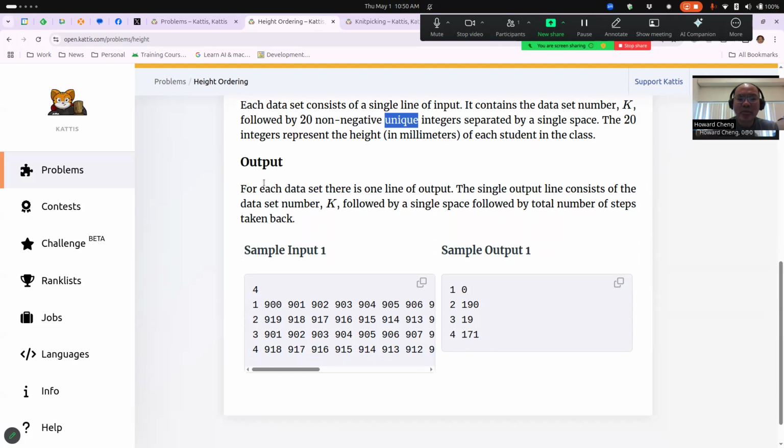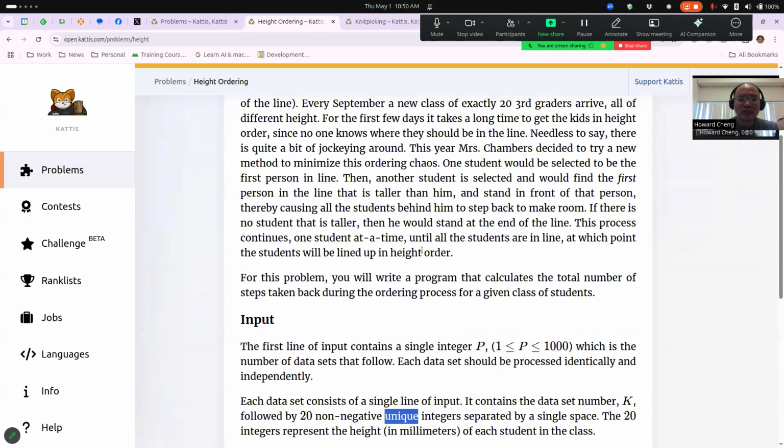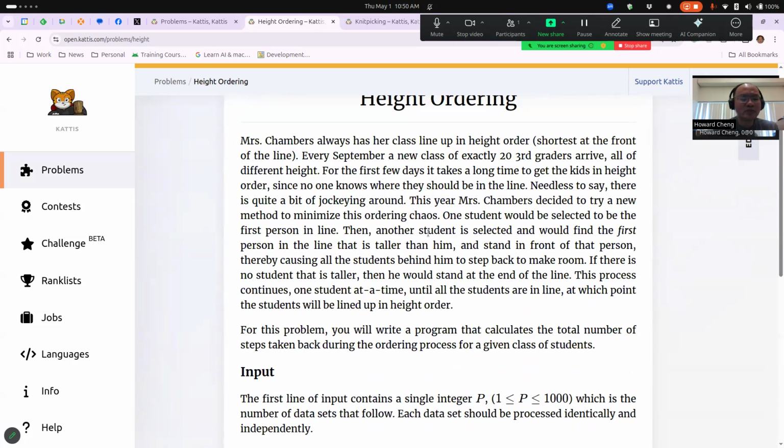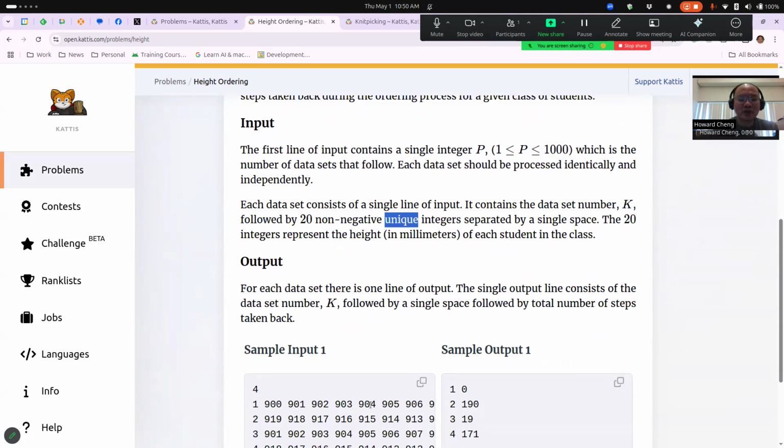All right. What you're supposed to do is figure out how many people you could basically, if you read this problem, you're basically doing insertion sort. You start with the first student and you just keep on sorting them, and every time you ask, where does this person go? Where does the next person go? And based on that, you figure out how many you have to shift.